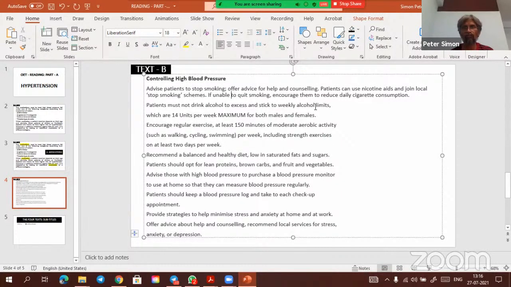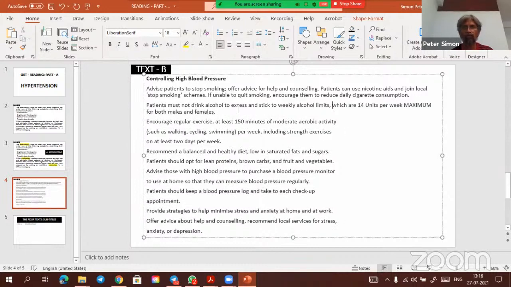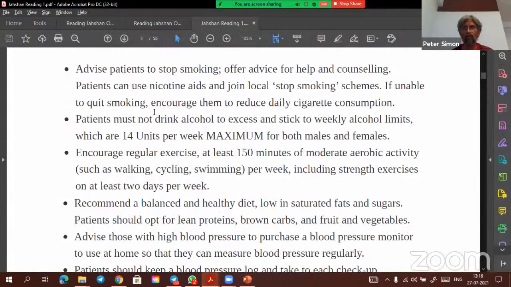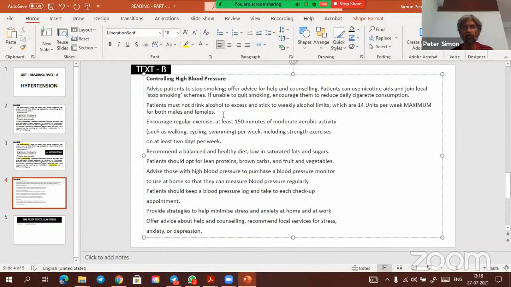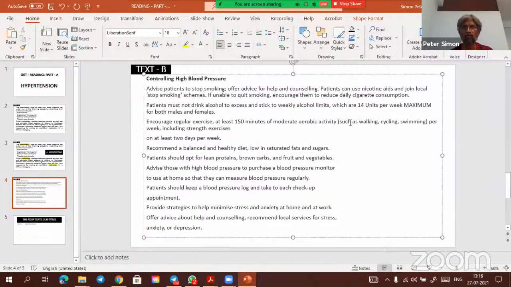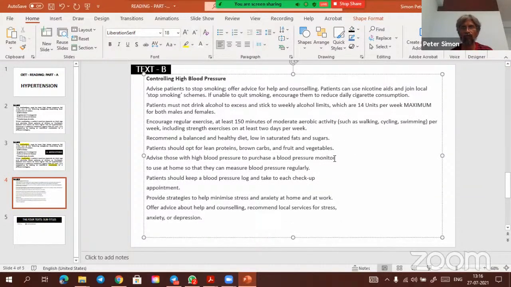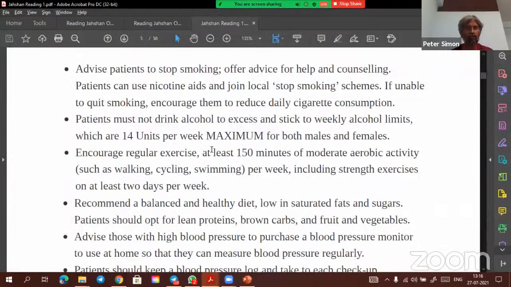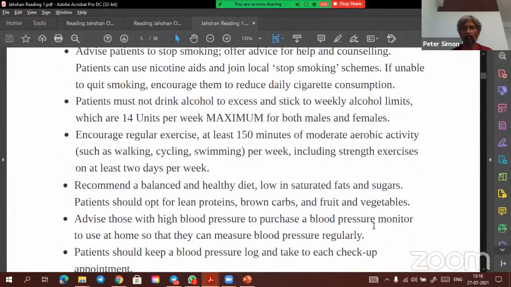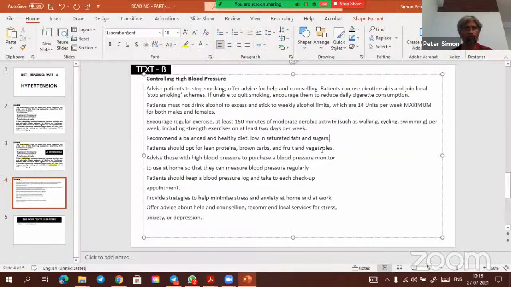This is one. The next one is females. Third one is till week 3. Then fourth one is recommend to vegetables.